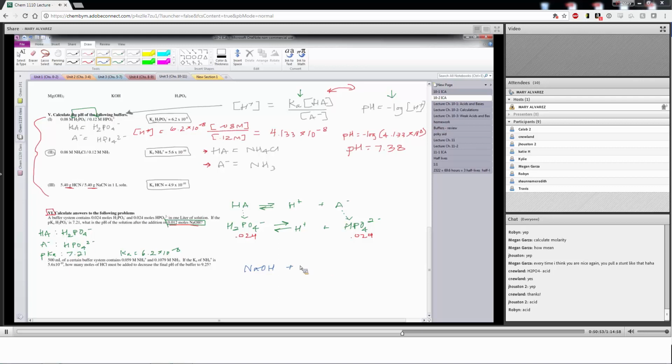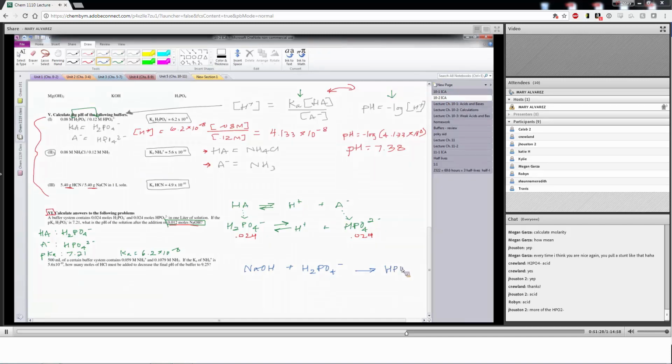The acid. Sodium hydroxide, the base. Bases react with acids. The acid is this that you guys defined as HA. So it's going to react with the H2PO4 minus. And when it does that, what's it going to make? More of the HPO4 2 minus.